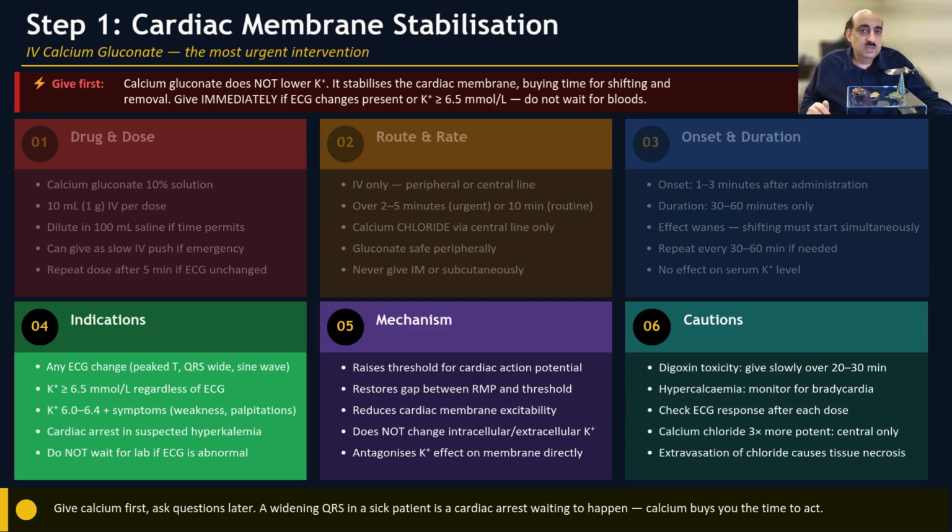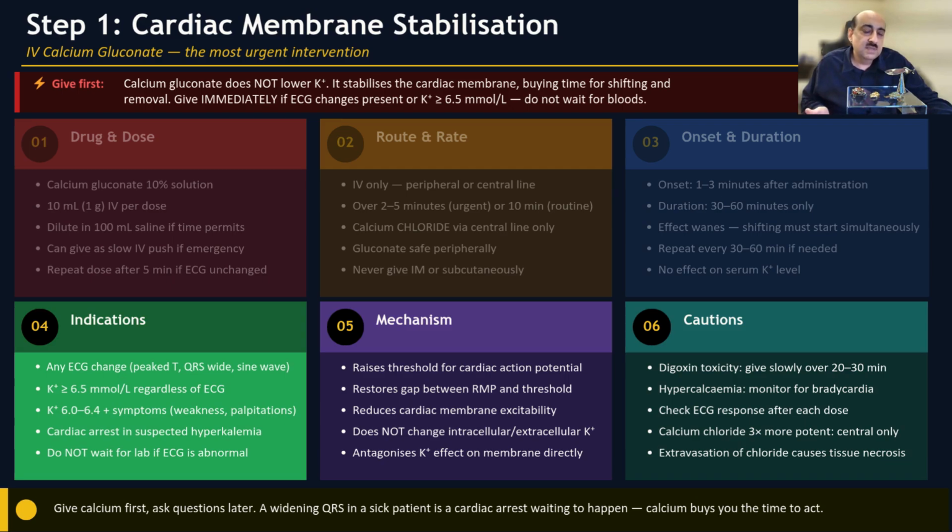If the potassium is 6 to 6.4 and is associated with symptoms, fatigability, palpitations, weakness, etc., or if there is a cardiac arrest situation with hyperkalemia as one of the causes, electrolyte abnormalities, the 4 H's and 4 T's, then yes, you have to give it irrespective. And generally speaking, you do not wait for labs if the ECG is confirmatory of the findings.